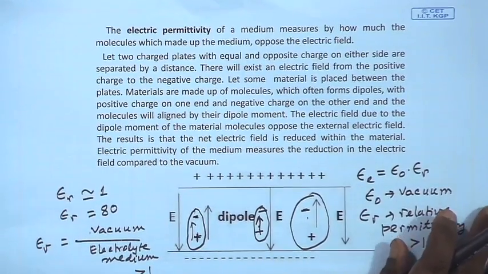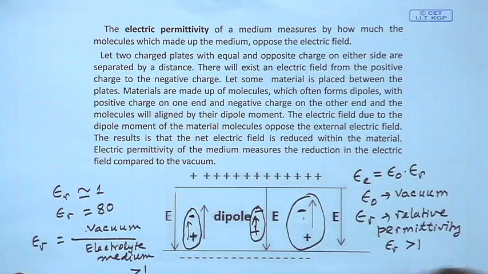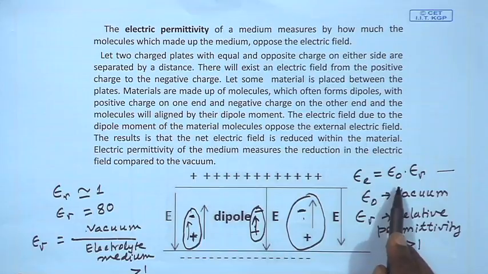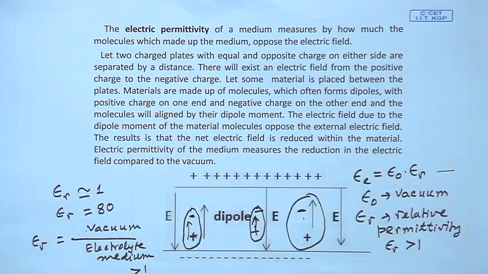So, normally the permittivity is represented as epsilon 0 into epsilon r. Epsilon 0 is the permittivity in the vacuum, and epsilon r is the relative permittivity of the medium.